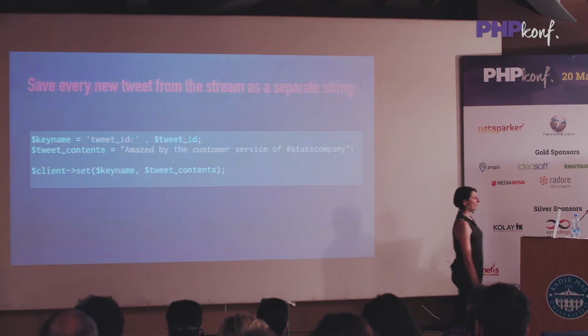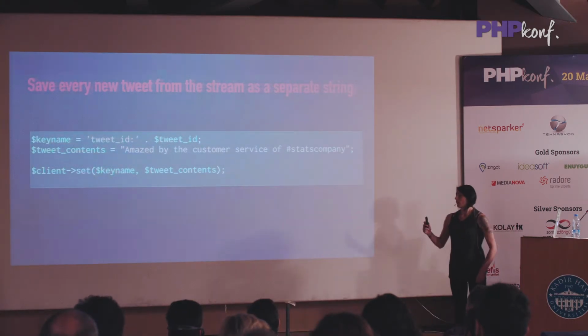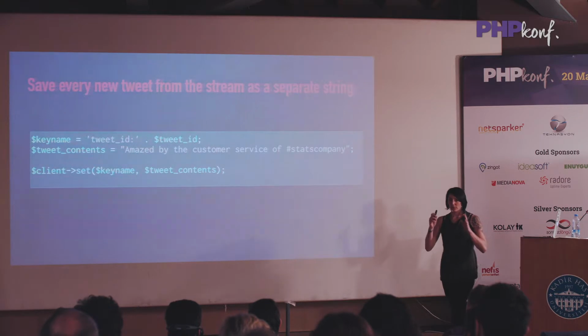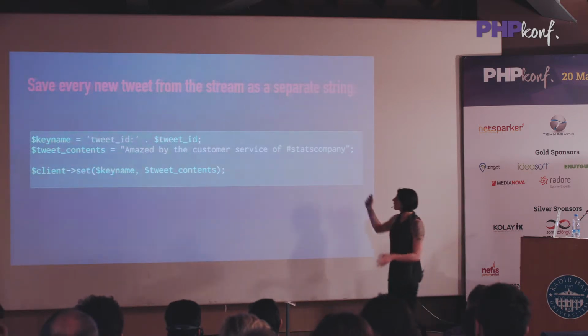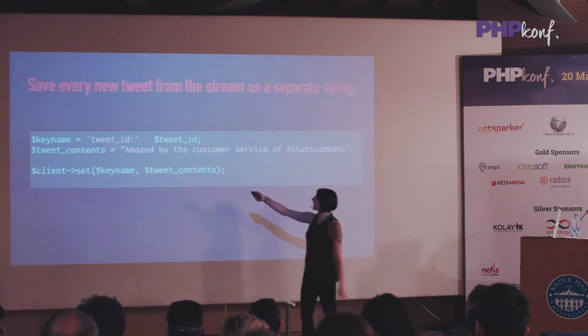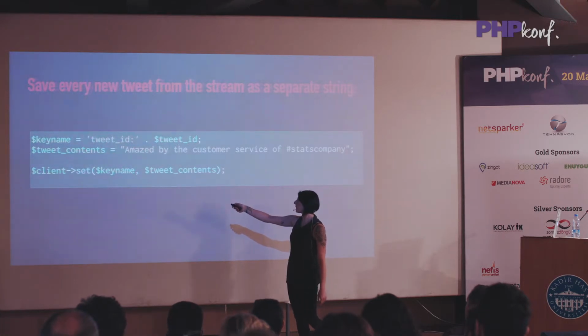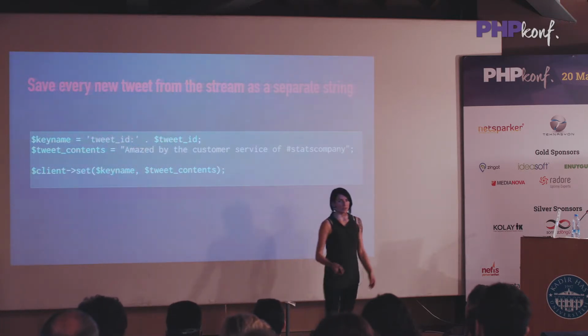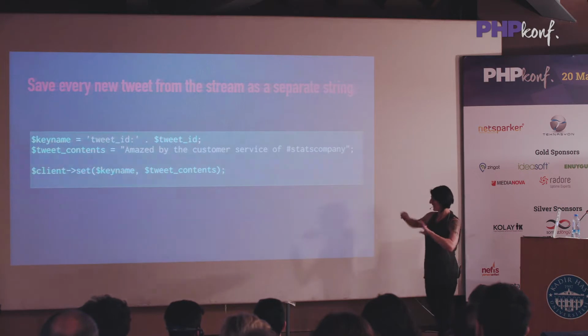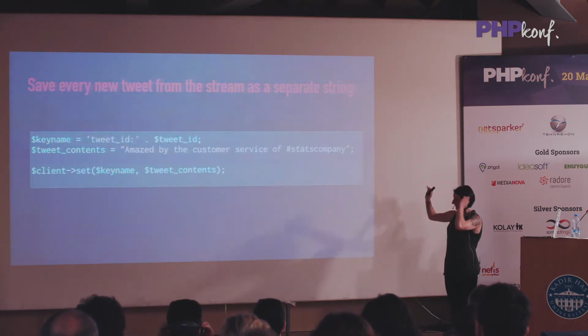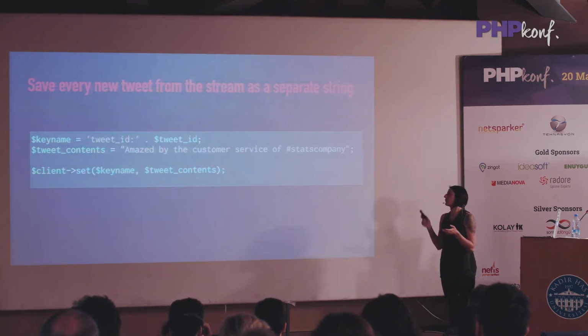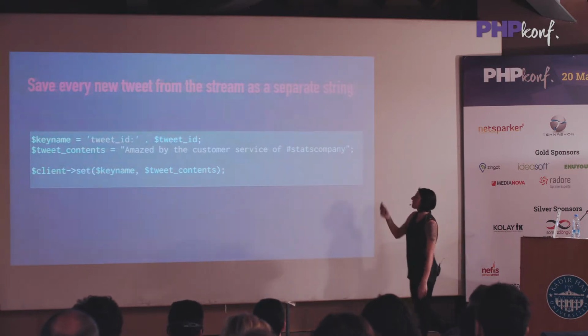Then, when we get the tweet, first of all, this is a conference, so I know many of you would say, oh, we don't need this prefix, we are wasting memory. I just made this to be more readable for presentation purposes.